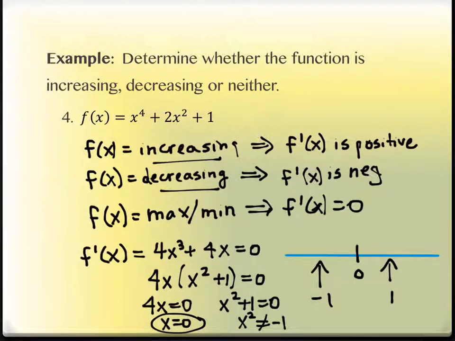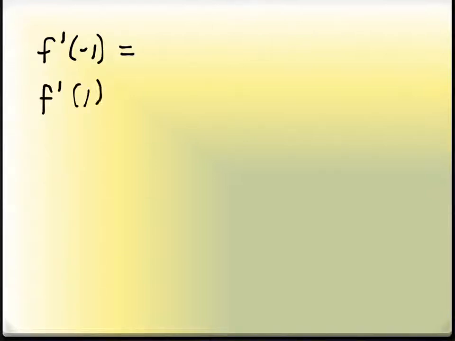Now here's the catch. We're going to plug them in somewhere. Where? The original function or the derivative? The derivative. The derivative function is going to give us information about the original graph, but the derivative is what we want. So if I plug in negative 1 into the derivative, and I plug in the value of 1 into the derivative, it's going to spit out an answer.